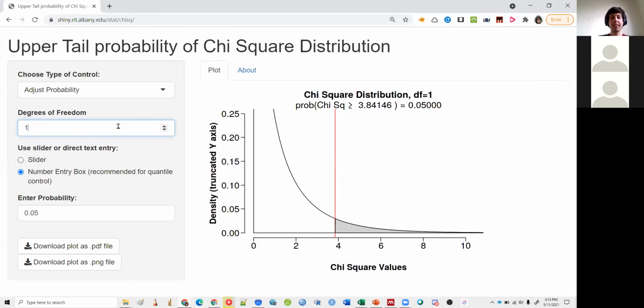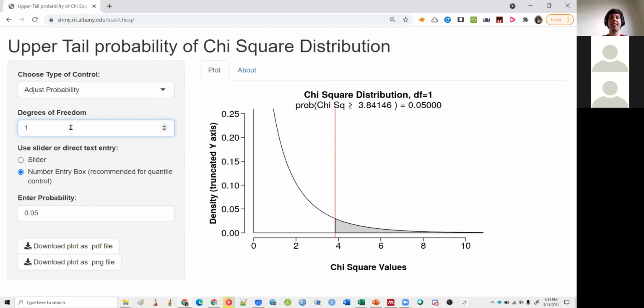Another way to put this is, if you have 3 categories instead of 2 categories, so your degrees of freedom go from 1 to 2, do you think that will cause the cutoff to increase or decrease?